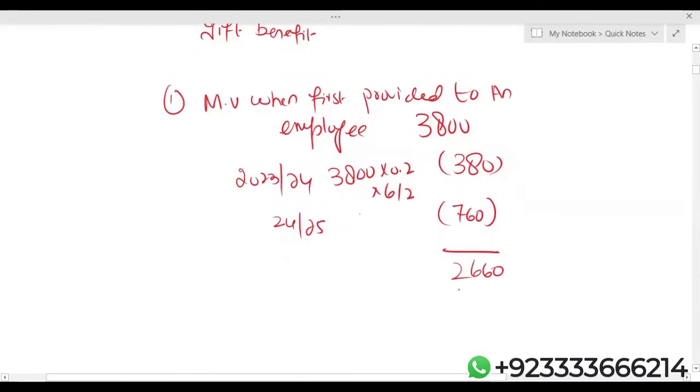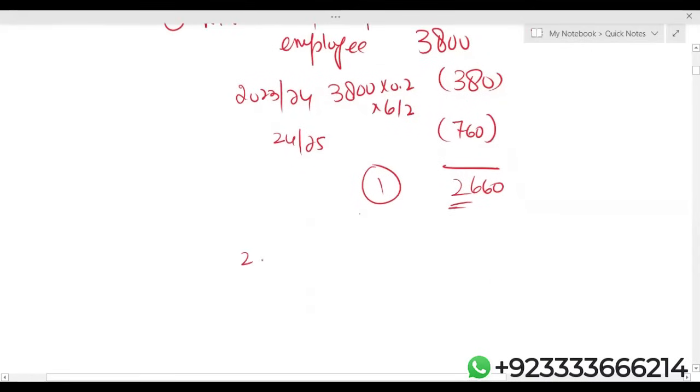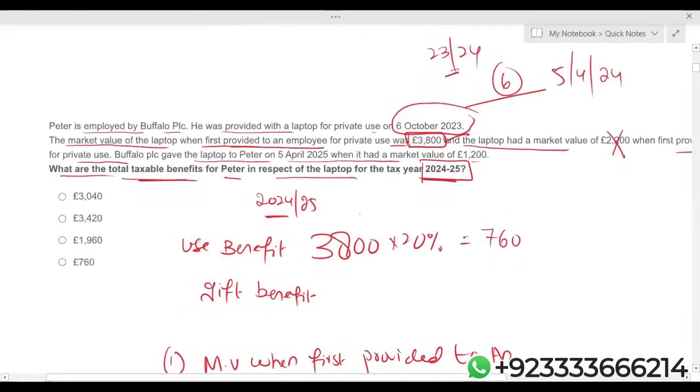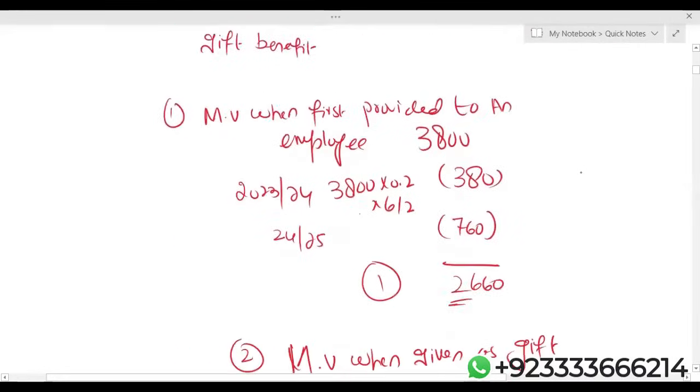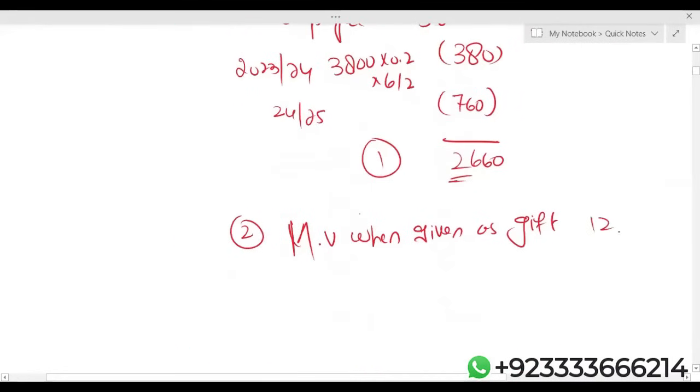This 2,660, we have to compare with the market value when it was given as a gift. When this laptop was given to Peter, at that time, the market value was 1,200. So whichever is higher, that is your gift benefit. So 2,660.